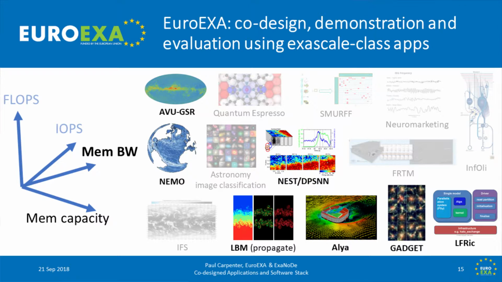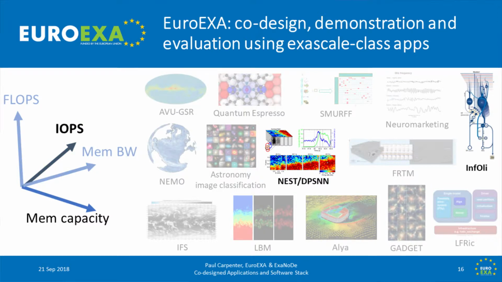So these, and this is very simplistic of course, but these are the ones where the developers told us they're primarily compute bound. One part of LBM, these other applications, these guys are memory bandwidth bound, these guys are IOP bound. So we tried to get some balance so that we're not just looking at one kind of application.